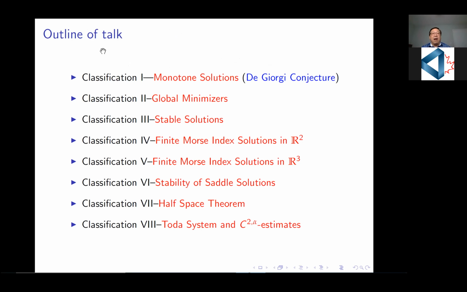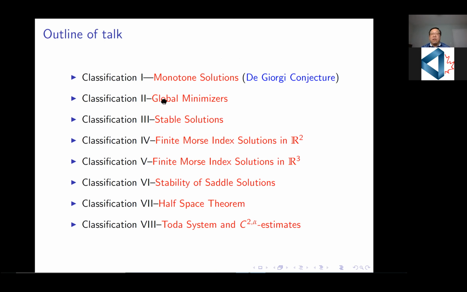So I'm going to give like 8 kind of classification results for this Allen-Cahn equation. I start with the so-called Giorgi conjecture, monotone solutions.